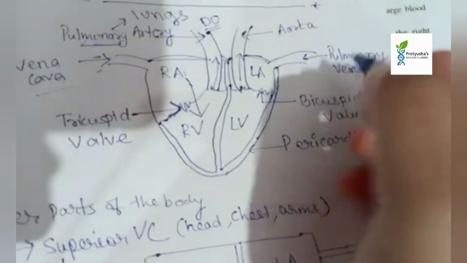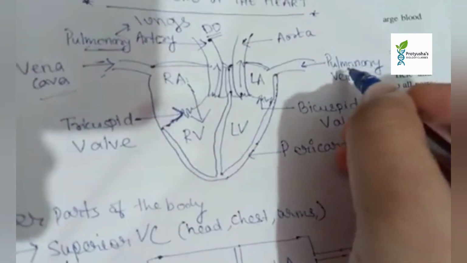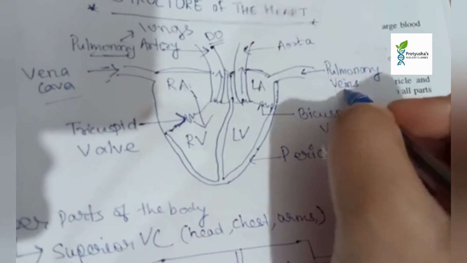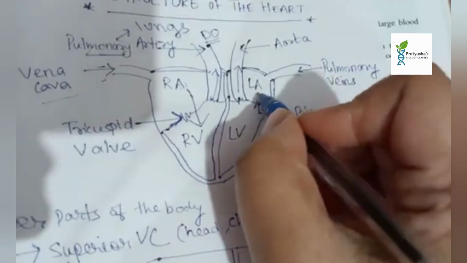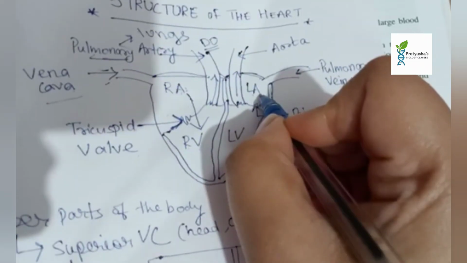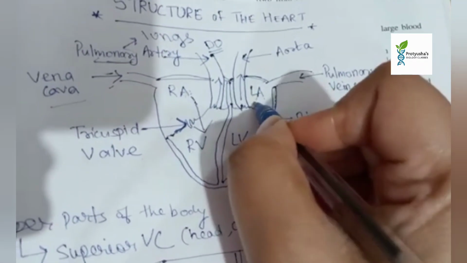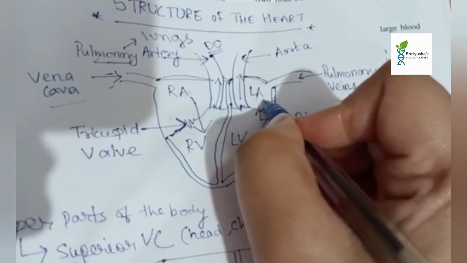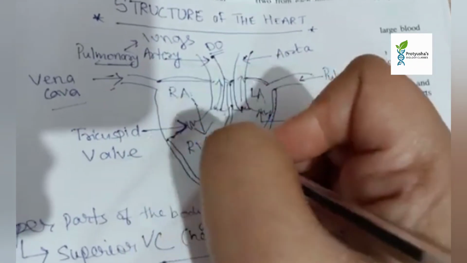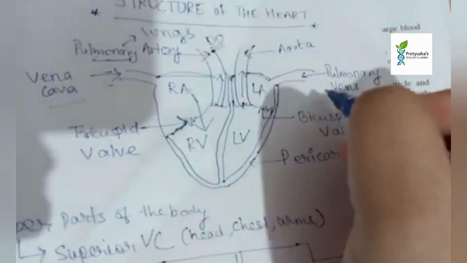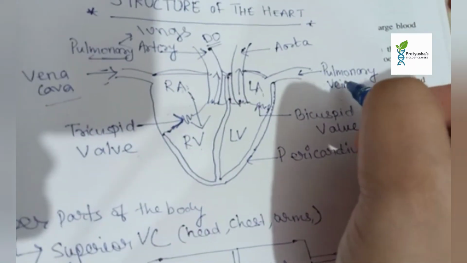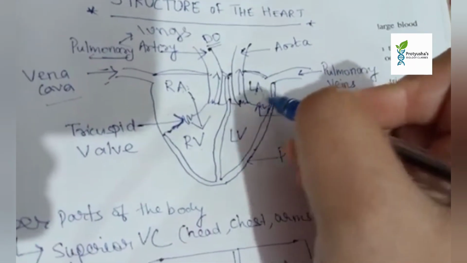And from the lungs the pulmonary vein will bring the blood to the left auricle. As I told you, auricles are receiving chambers. So the pulmonary artery will take the blood to the lungs. The pulmonary vein will take the blood towards the left auricle.